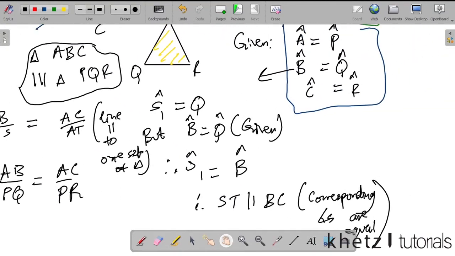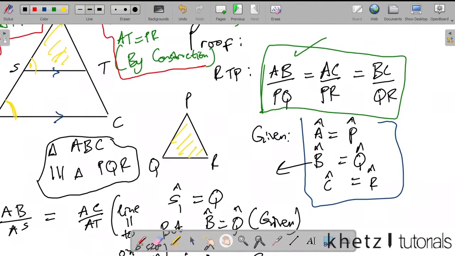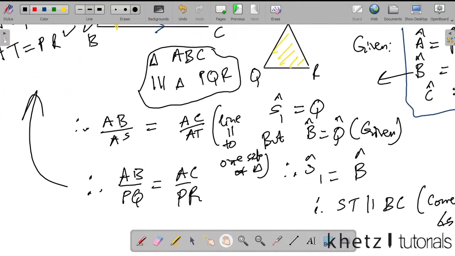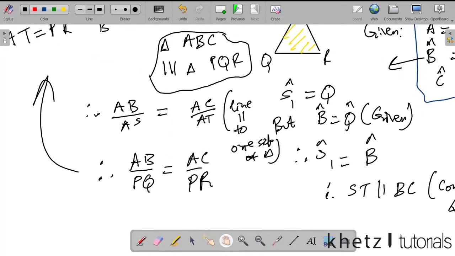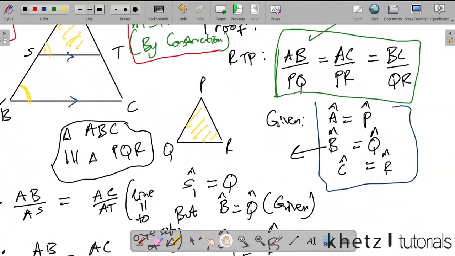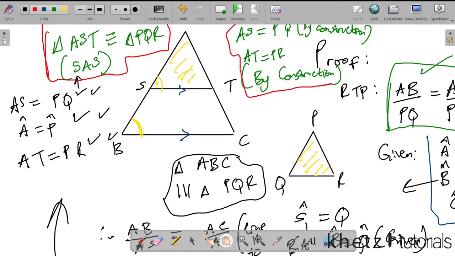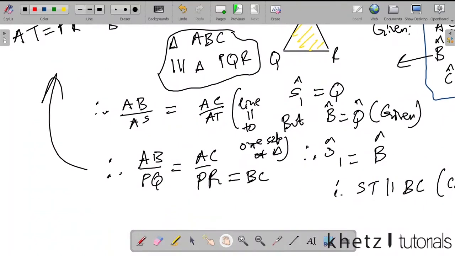And we've effectively proved that the corresponding sides are indeed in proportion. And these two actually lead us to the final proportion of BC and ST, which is the same as QR. So ST is the same as QR because AST and PQR are congruent. So that'll be equal to BC divided by QR.